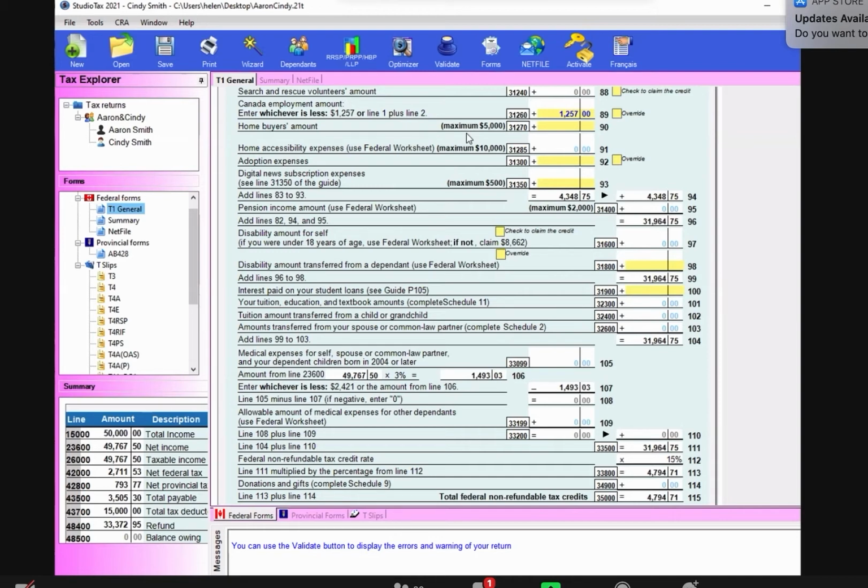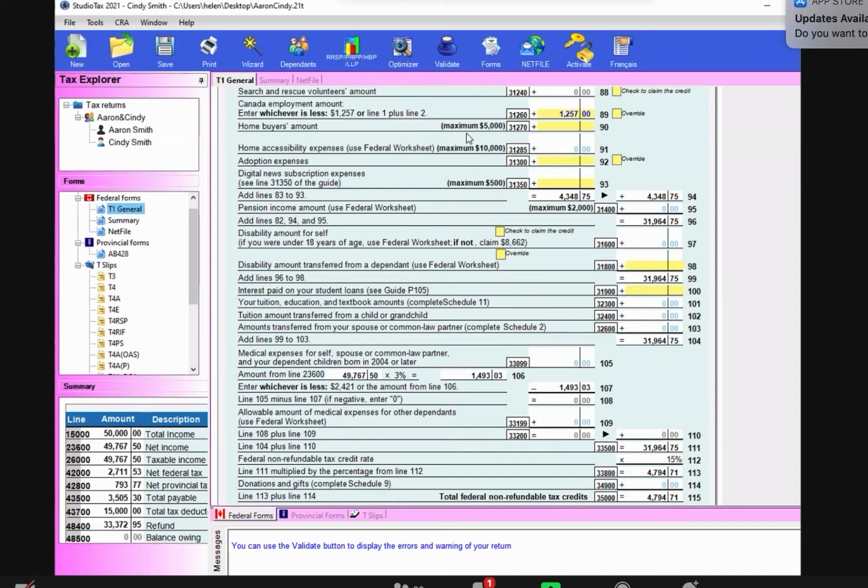That's it. The same thing applies to tuition transfer. For example, my elder daughter got a tuition credit because we paid the tuition for her, so she has a tuition transfer.